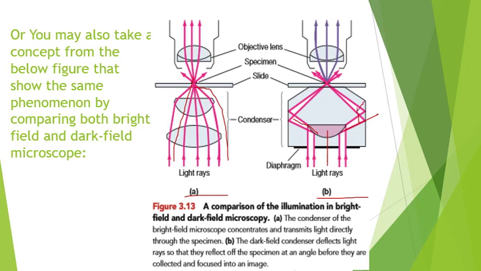After reflecting off the specimen at different angles, the light that approaches this specific specimen gives the image at the eyepiece or ocular side.